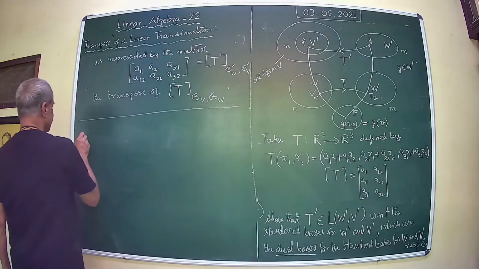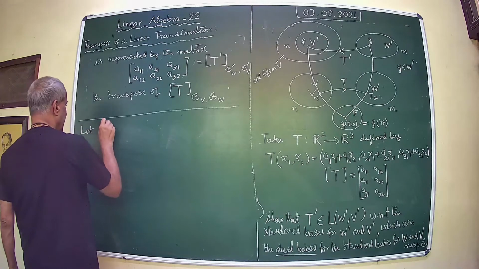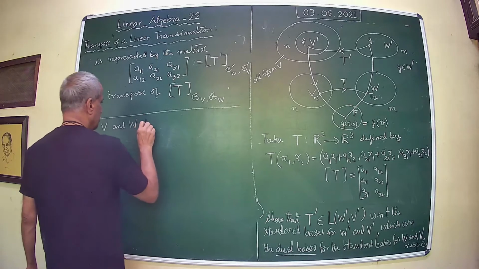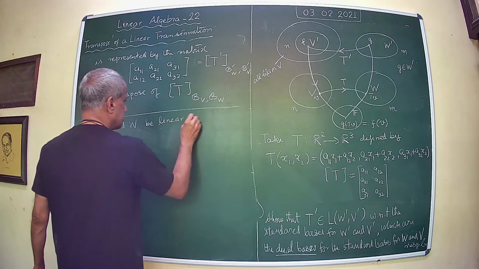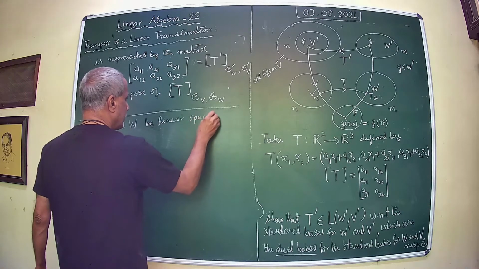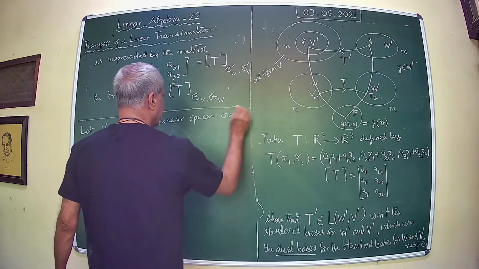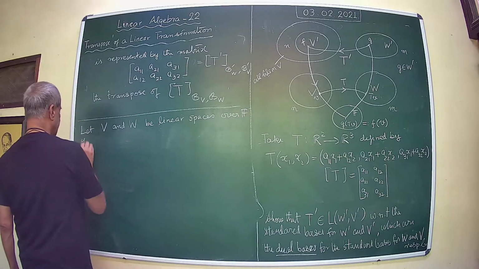So let V and W be linear spaces over F of finite dimension.